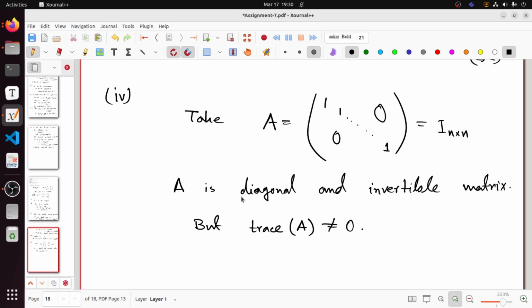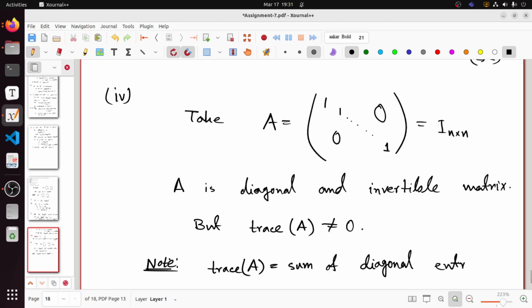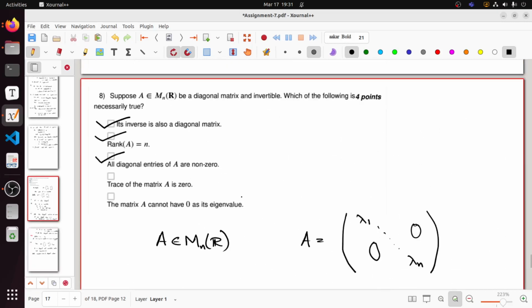Sometimes it may happen that the trace of A is 0, but the trace of A is the sum of the diagonal entries, so entries may not cancel out. So the trace of the matrix A being 0 may not always be true. So this is false. So option number 4 is also done.